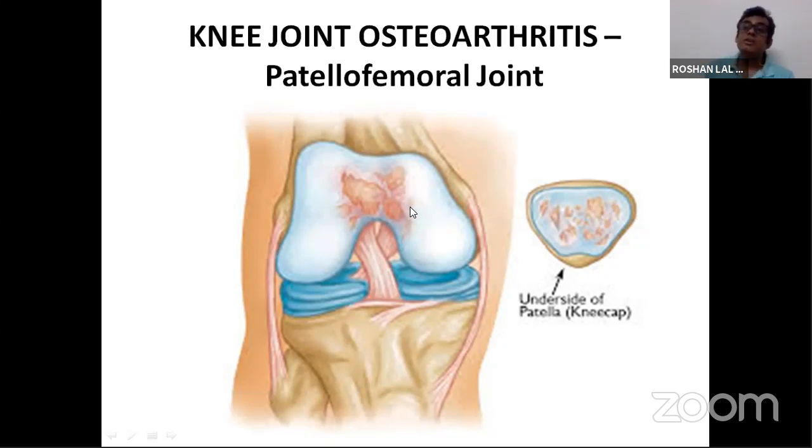This is known as patellar maltracking. So patellar maltracking is one of the reasons for patellofemoral osteoarthritis, and this patellar maltracking may be because of some anomalies in the bones, some deformities in the knee joint because of tibiofemoral joint osteoarthritis, or because of shortening of the muscles.